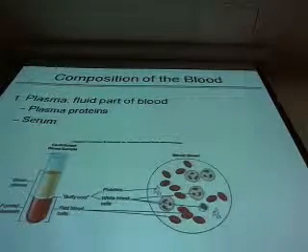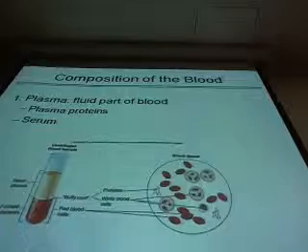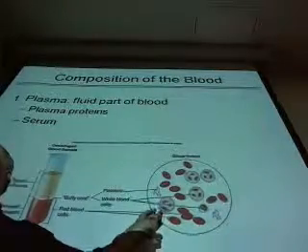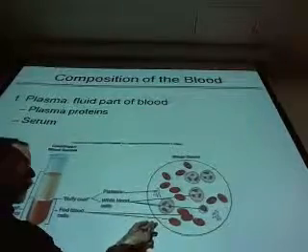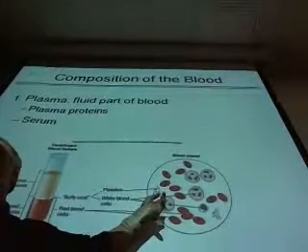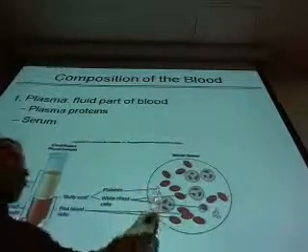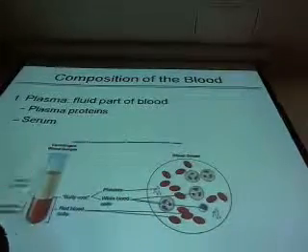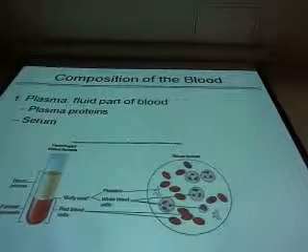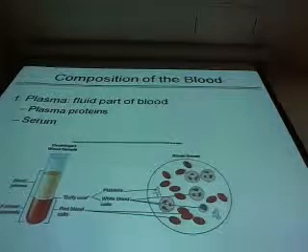And here, we looked at the red blood cells, the biconcave discs. We looked at white cells when we were doing the microscope. And platelets are a tissue unit. They're not a cell of their own.